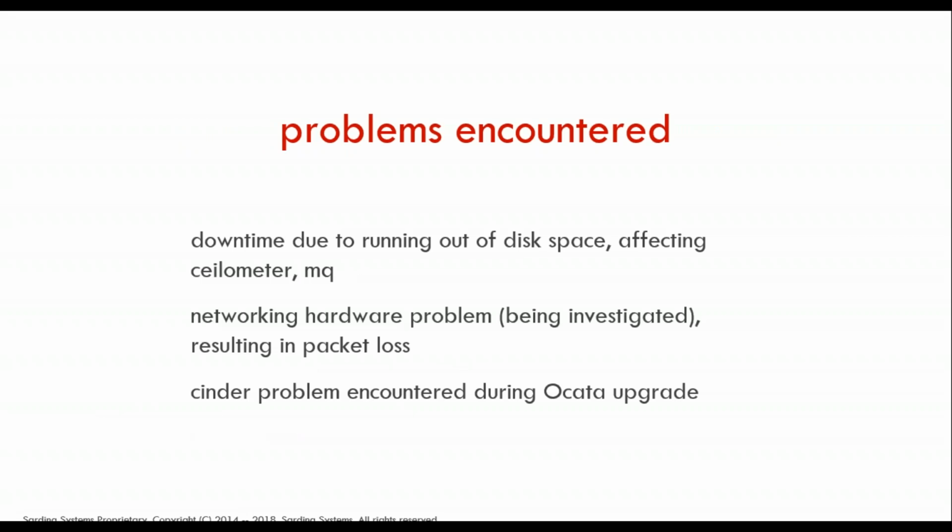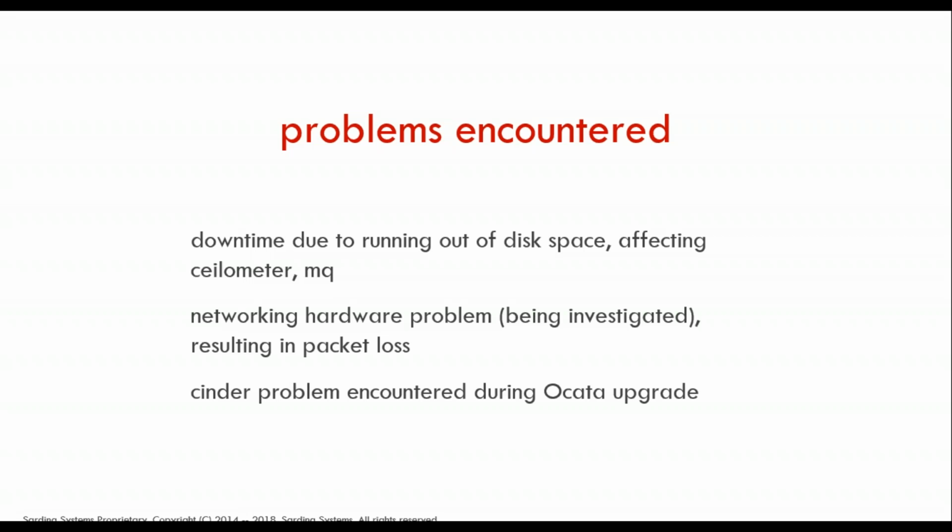So what about the problems encountered in operations? Over the last couple of years when they've operated the system, they have encountered a number of problems. For example, downtime due to running out of disk space affecting Ceilometer and MQ. The networking hardware problems resulting in packet loss.